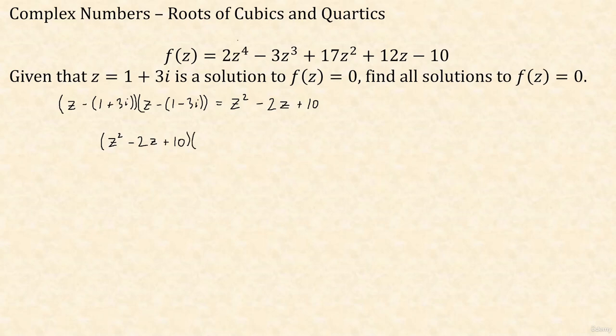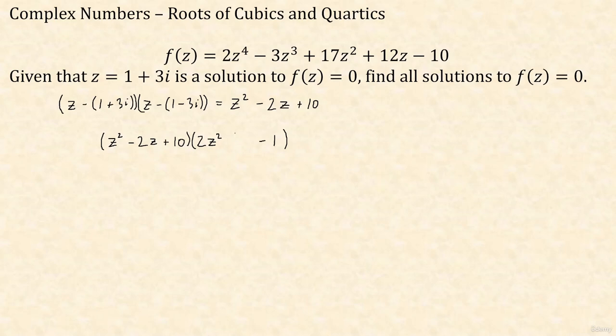Well, I need a leading coefficient of 2, 2z to the 4. So that must be from 2z squared here. z squared times 2z squared is 2z to the 4. Not sure about the z term, I'll come back to that, but I do know that the last term, I need a minus 10 here. Well, it must therefore be a minus 1, because minus 1 times 10 is minus 10.